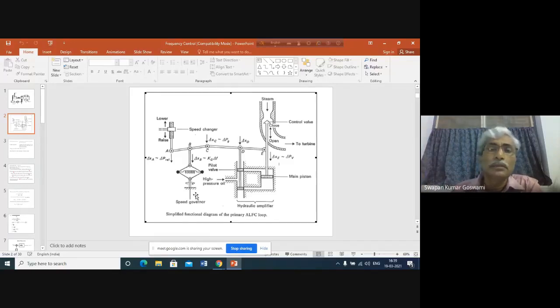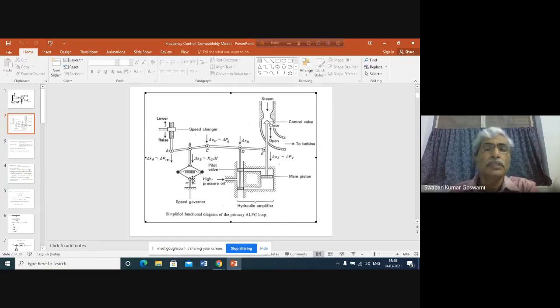So the heart of the frequency control system is the speed governor, and the speed governor has two fly balls. These fly balls rotate with the rotor of the generator. So if the rotor rotates at synchronous speed, the fly balls also rotate at synchronous speed. Fly balls are connected through a spring, and the speed of rotation of the fly balls therefore determines the tension on the spring.